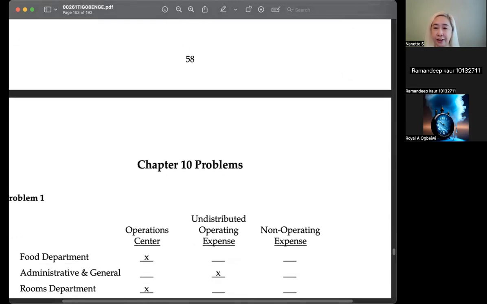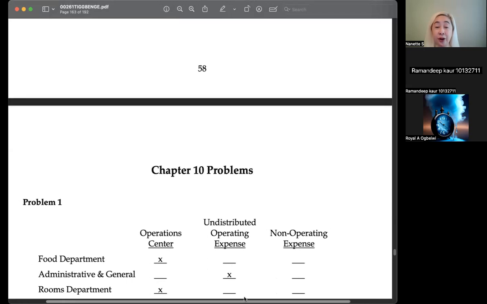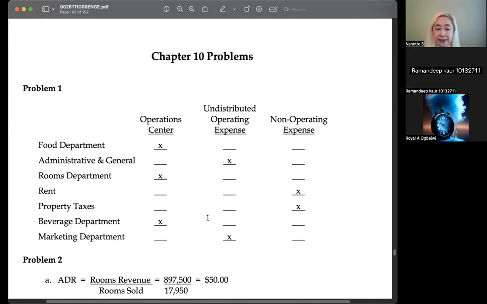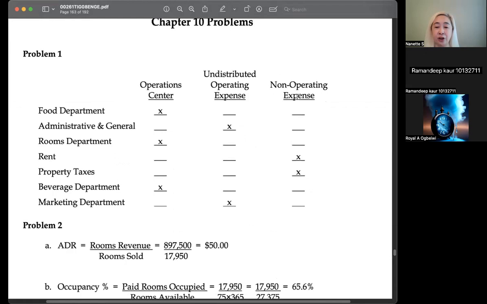Okay, so here are some example problems to understand summary operating statements. Let's say for the operation center, you have your undistributed operating expense and your non-operating expenses.